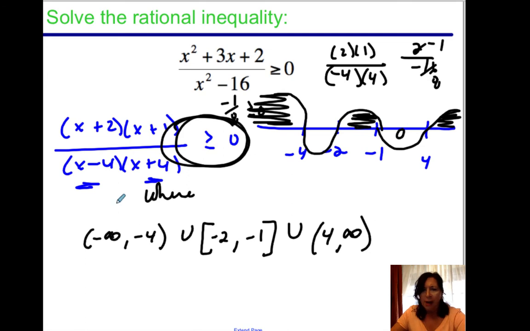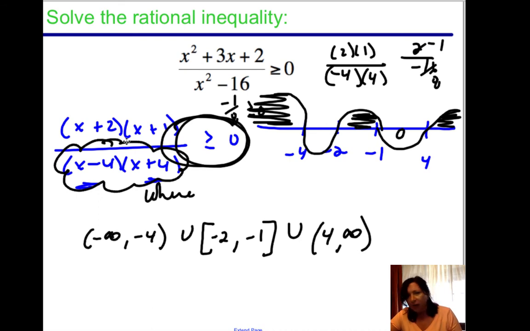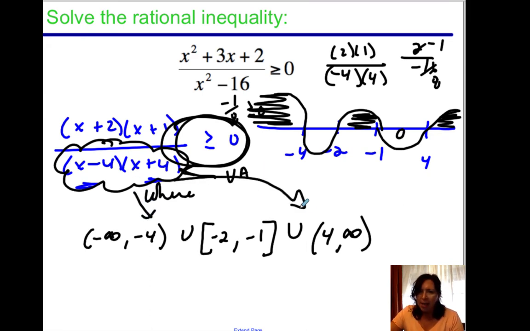Now, just a note, I really want to make sure you understand this. Do you see how the denominators, those are my asymptotes. Those are my VAs, my vertical asymptotes. My vertical asymptotes, which are here and there, cannot equal 0. So even though it says greater than or equal to 0, your vertical asymptotes can never equal 0 because there's no value there.